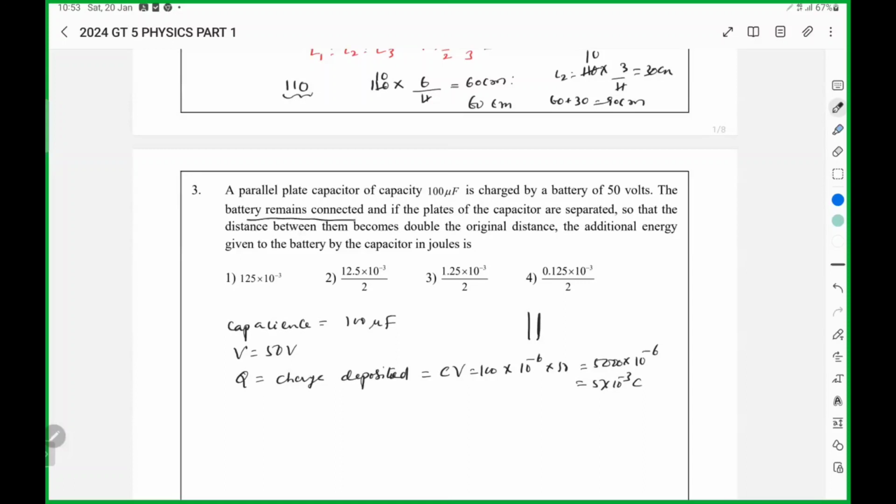The battery remains connected. Battery remains connected, so no change in potential difference.